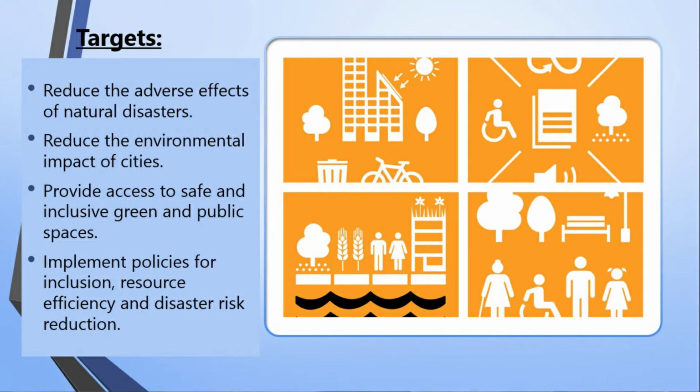Also, it's important to reduce the adverse effects of natural disasters, reduce the environmental impact of cities, provide access to safe and inclusive green and public spaces, and implement policies for inclusion, resource efficiency, and disaster risk reduction.